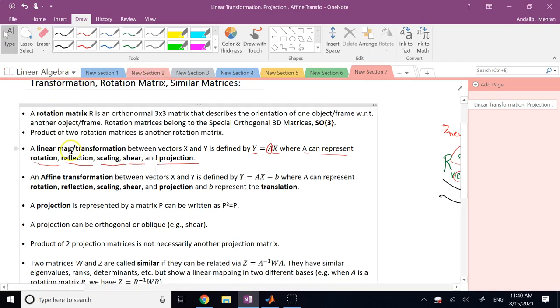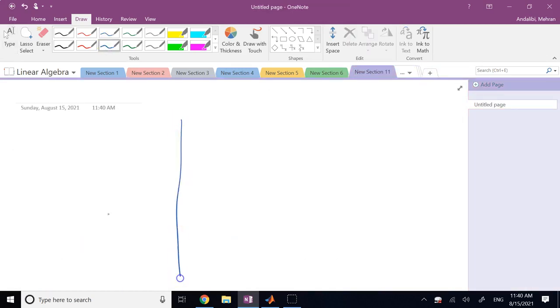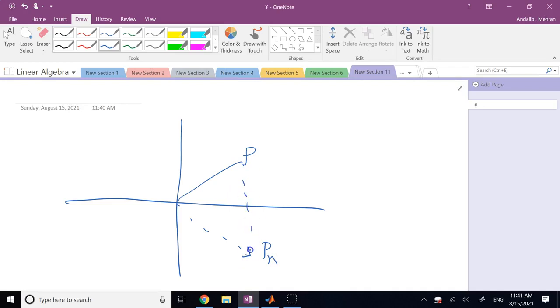Okay, let me show you other cases. Like, for example, when can I do reflection? Reflection means basically mirror it with respect to some axis, right? So let's say here, if I have a point in the xy frame, if I have some point P, if I say reflected with respect to x-axis, I mean get this new point Pn, which is the mirror image of P with respect to the x-axis.